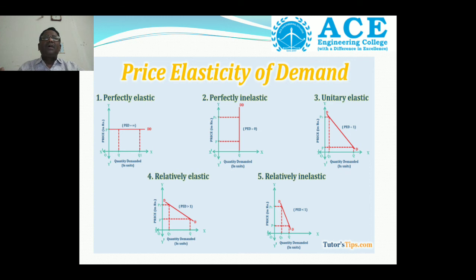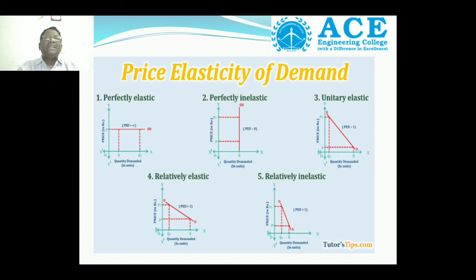The quantity demanded changes from Q2 to Q1, whereas the price of the product does not change, because it is negligible. That's why the curve is horizontal to the OX axis. That is perfectly elastic demand. Then what is the value? Perfectly elastic demand has a value of infinity.